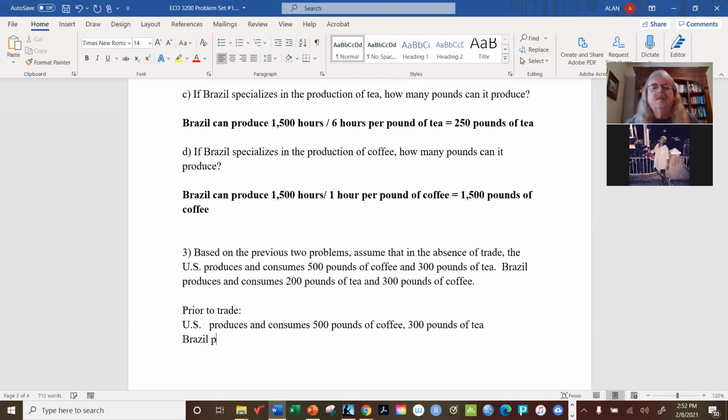Brazil produces and consumes 200 pounds of tea and 300 pounds. Oh, let me line these up. Let me do it this way, just so you can see them side by side. 300 pounds of coffee and 200 pounds of tea.